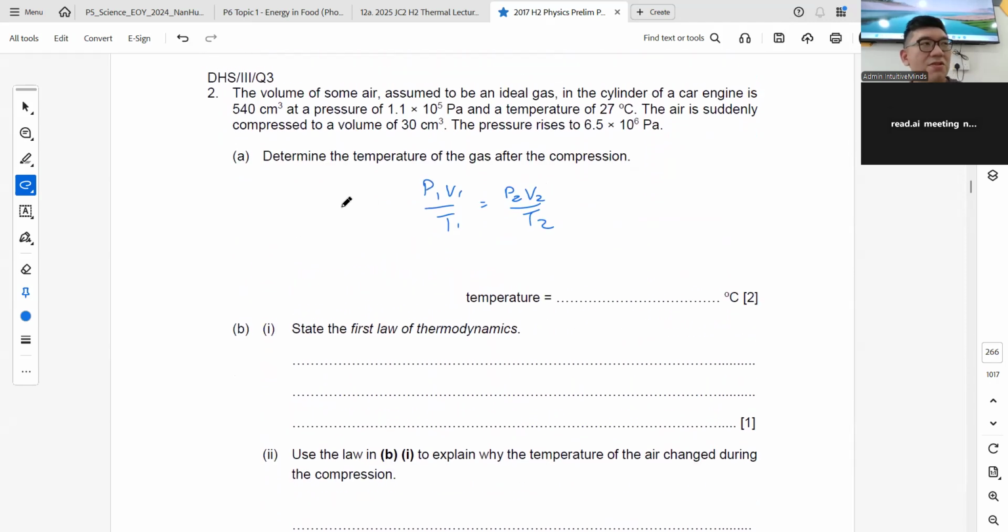One key thing to take note, a very good hack, a good habit is to write down all the equations that you know of. You can even put first law as well. And then see what you can put inside and solve the question.